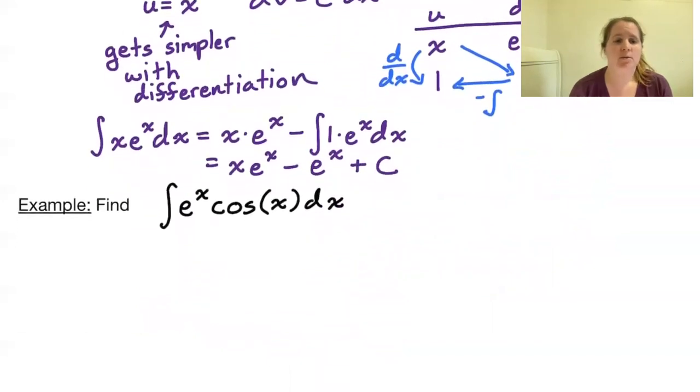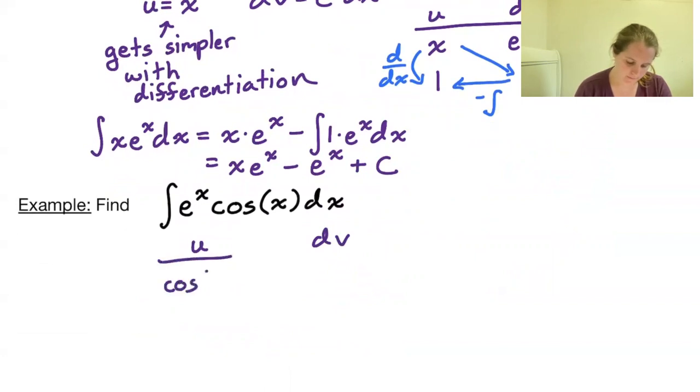And next up, let's go ahead and do integral of e to the x cosine of x dx. So e to the x is easy to take the integral and the derivative. Cosine of x is easy to take the integral of the derivative, but it's maybe a little easier to keep track of the sign if we use it as our derivative. So let's go ahead and set cosine of x to be our u, and e to the x to be our dv.